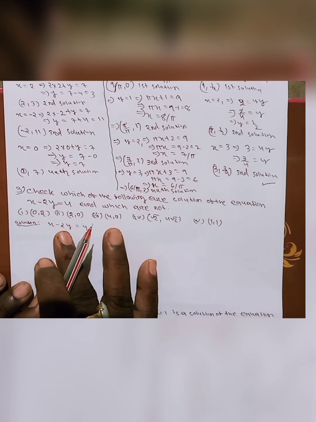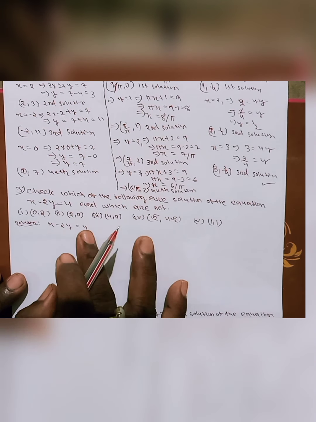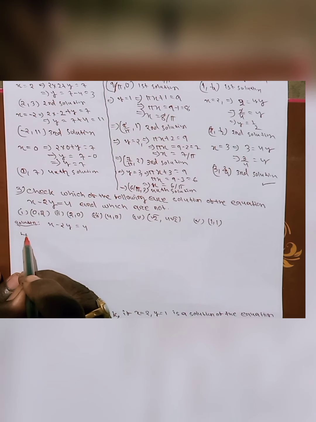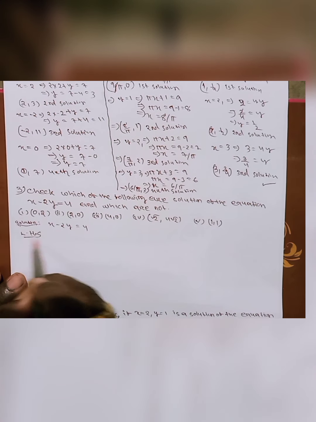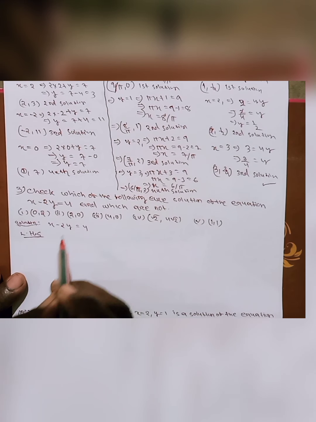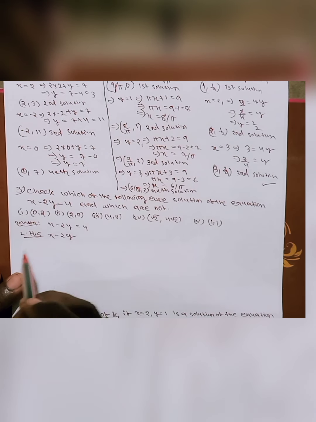In this equation, write LHS and RHS. LHS is x minus 2y. First, put the given values here. First given is 0, 2. In 0, 2, the first value is called the abscissa or value of x and the second value is called the ordinate or value of y.